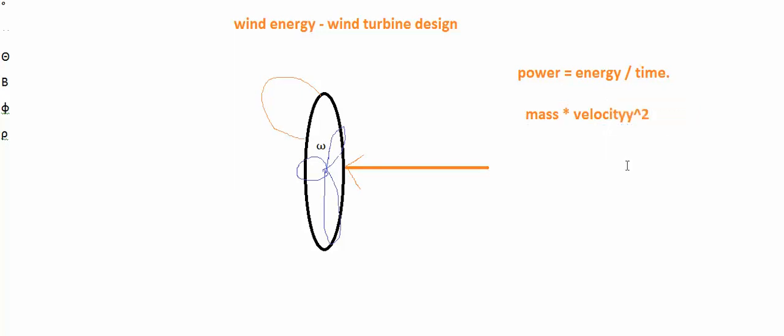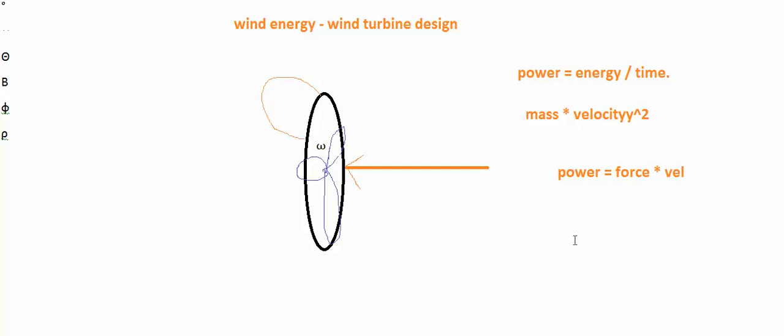We can even say that power is equal to force times the velocity of the wind. What we are really interested in is the power available because of this wind on this rotor plane. Now what is force?